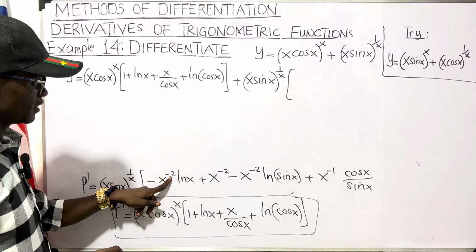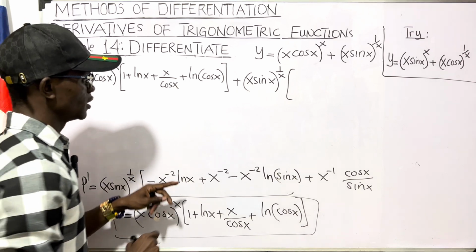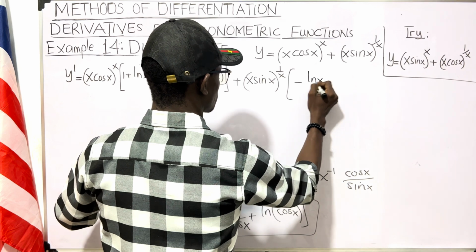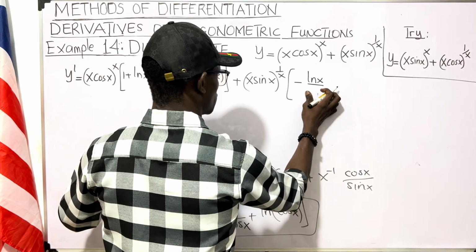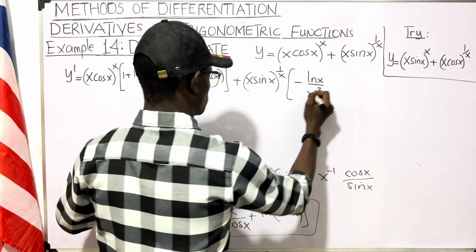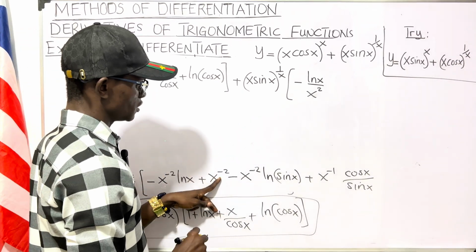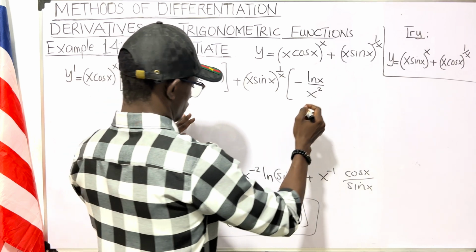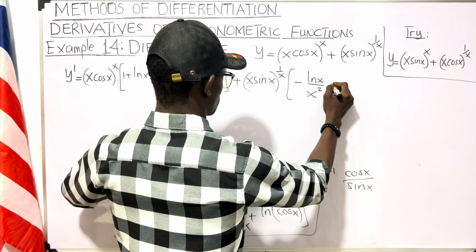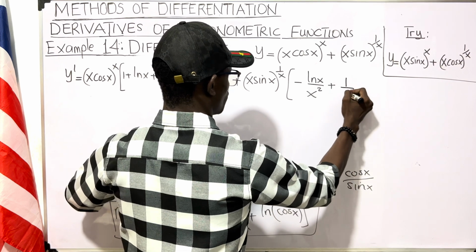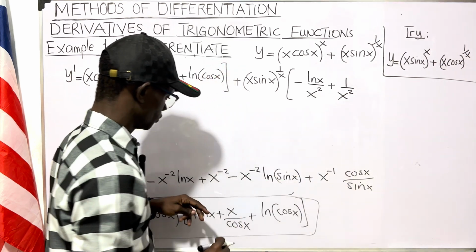So this power is negative. We can send it in the denominator. So it becomes negative ln of x all over x squared plus, so this is also negative. We can send in the denominator. So this is plus, so it's 1 all over x to the second power.